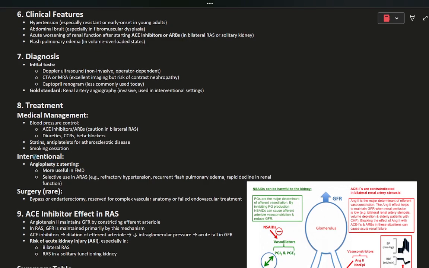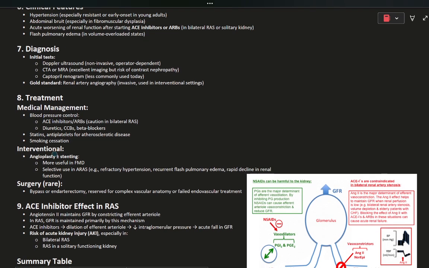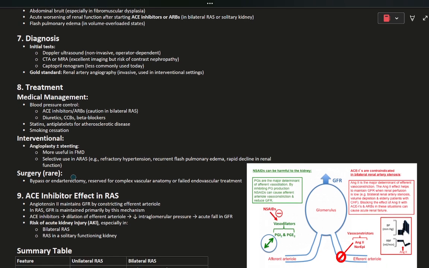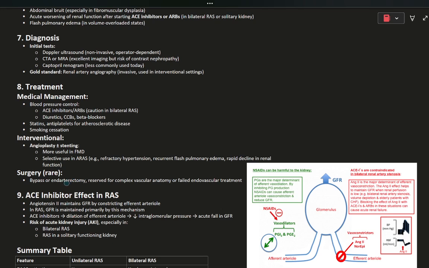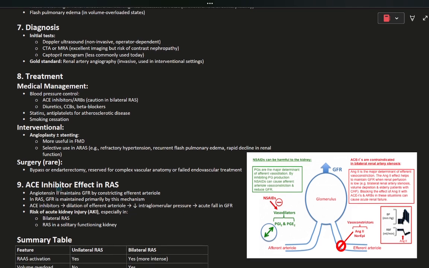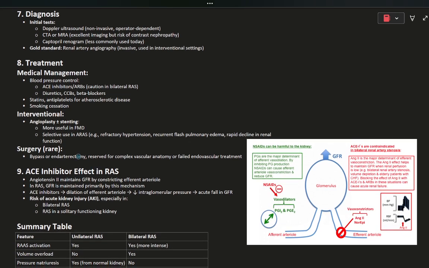And then some interventional strategies include angioplasty and stenting, as they can be selectively used in acute renal artery stenosis. And then very rarely surgery, which can be reserved when there is some complex vascular anatomy going on or a failed endovascular treatment.